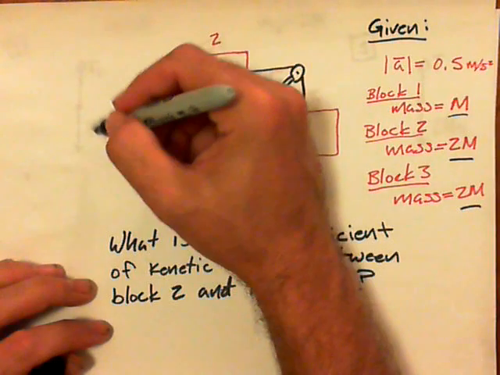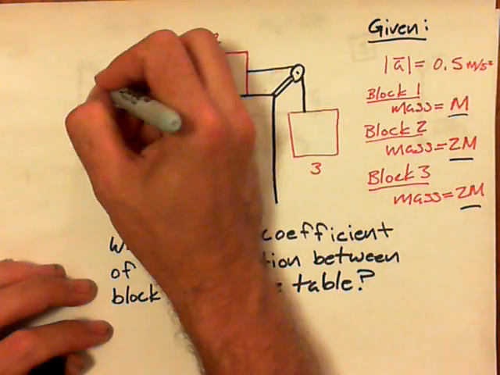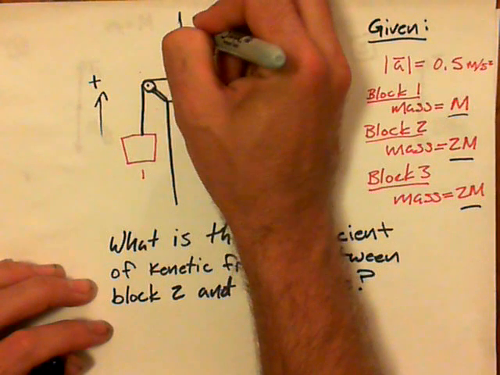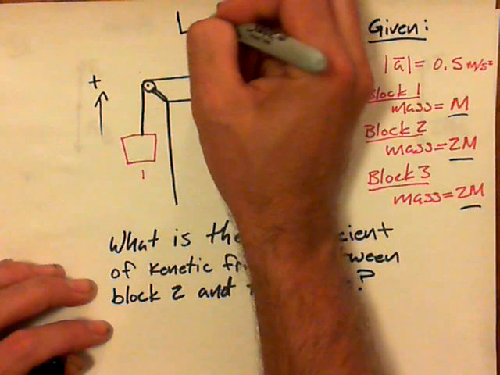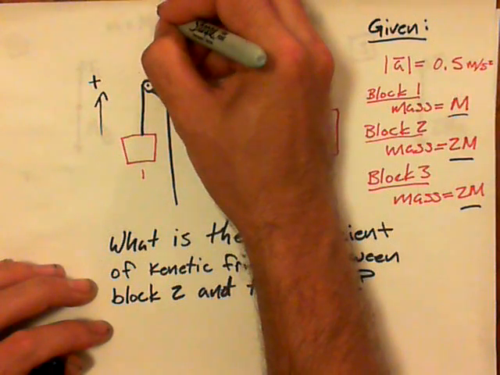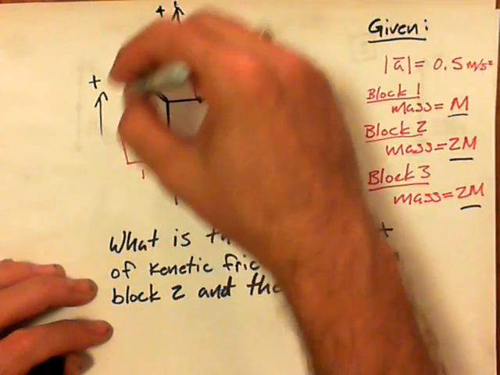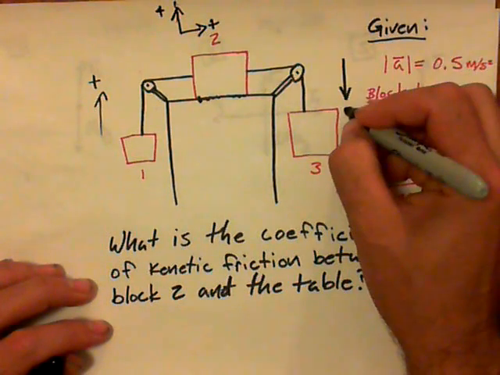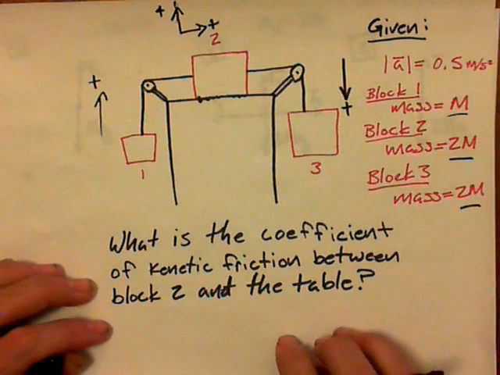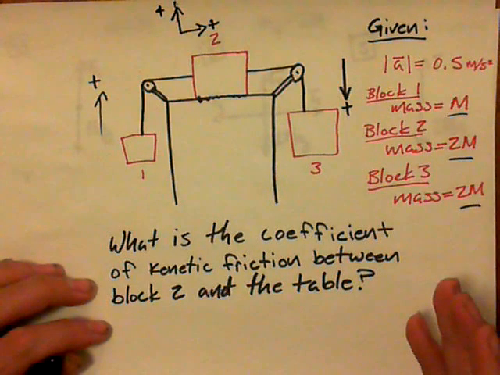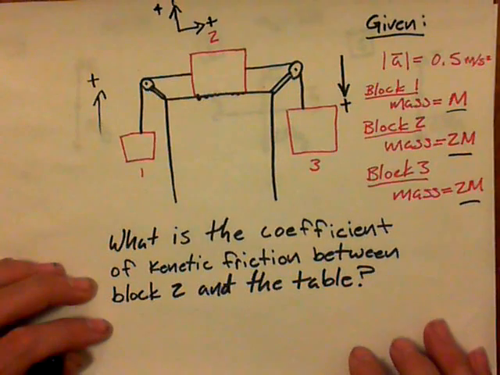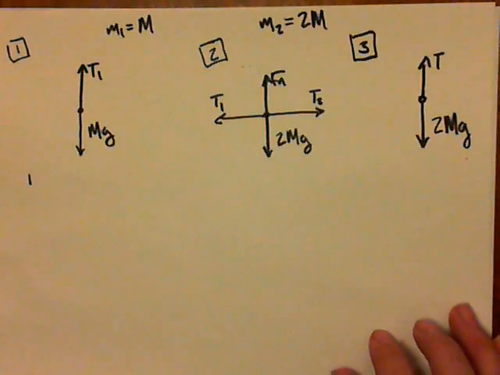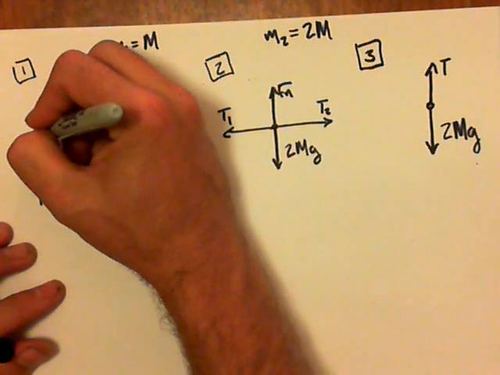So I'd have it going in the positive direction here, and then on 2 I would have it going positive and positive. And since the cable's going this way, I want to make this one positive going down here too. It doesn't really matter how you set these up as long as you stay consistent with how you do your coordinate system.